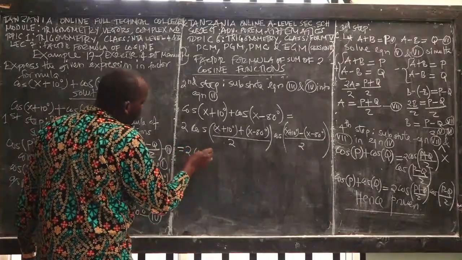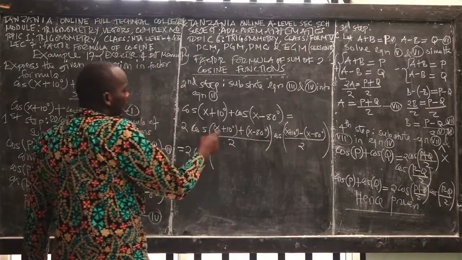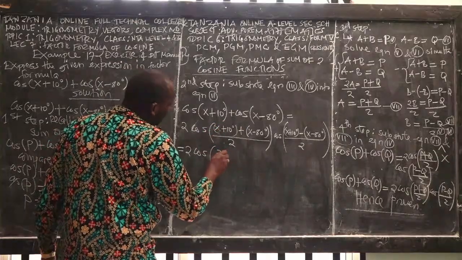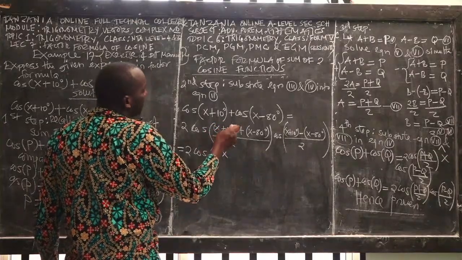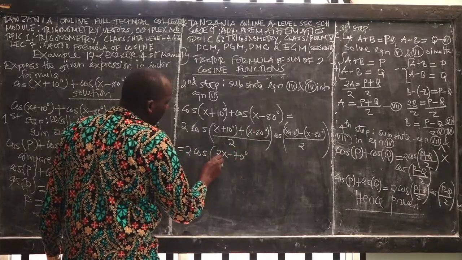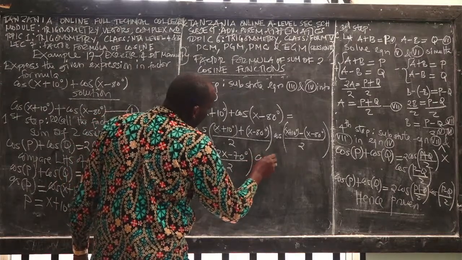We will be having 2 cosine, open bracket, X plus X, we get twice X. Then open bracket 10 minus 80, we get negative 70 degree, divided by 2, then multiply by cosine.